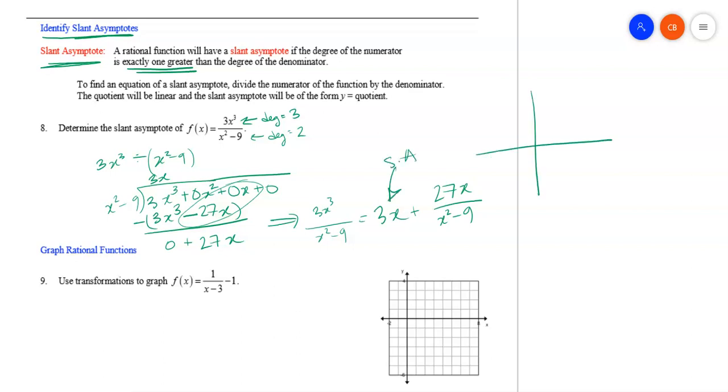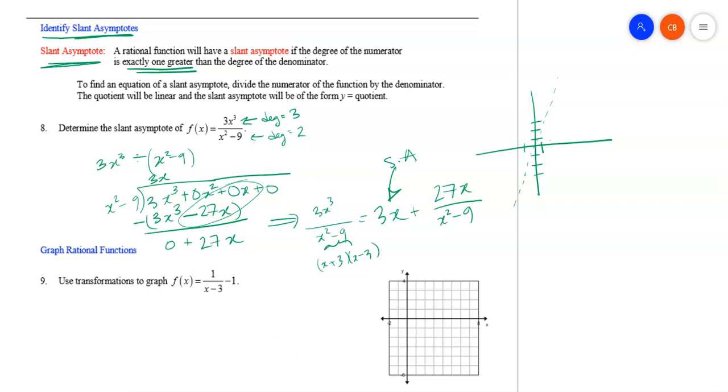And so if we graphed this thing, it would have an asymptote that instead of being horizontal or vertical, actually is coming in a slant like this. This one also, if you think about what the vertical asymptotes would be, the bottom, we can factor this bottom, of course, like x plus 3, x minus 3.